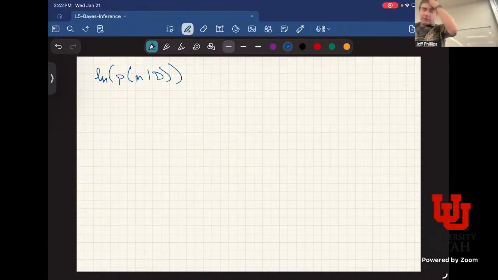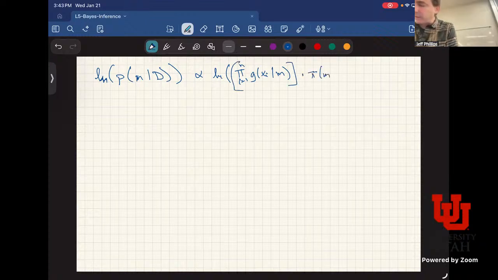So actually, I'm going to write that the log of the posterior will be proportional to the log of the product of G of xi given the model times the prior of the model, plus a constant.